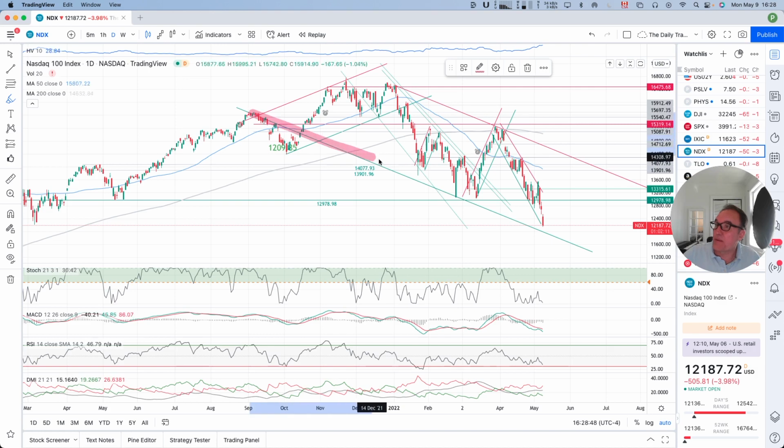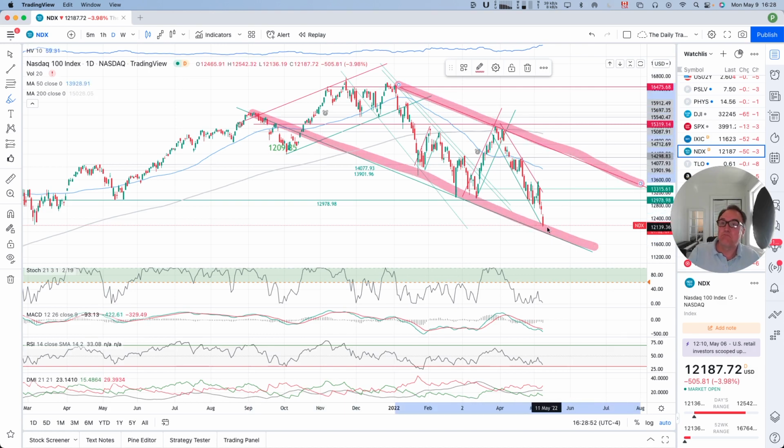So we have the same thing here. We have our big downward channel right here, and we have not quite yet reached the support here. This has more chance to go down a little bit more before bouncing a little bit up. This is what we are going to have to see. Everything is weak. What can we do but buy little puts here and there?